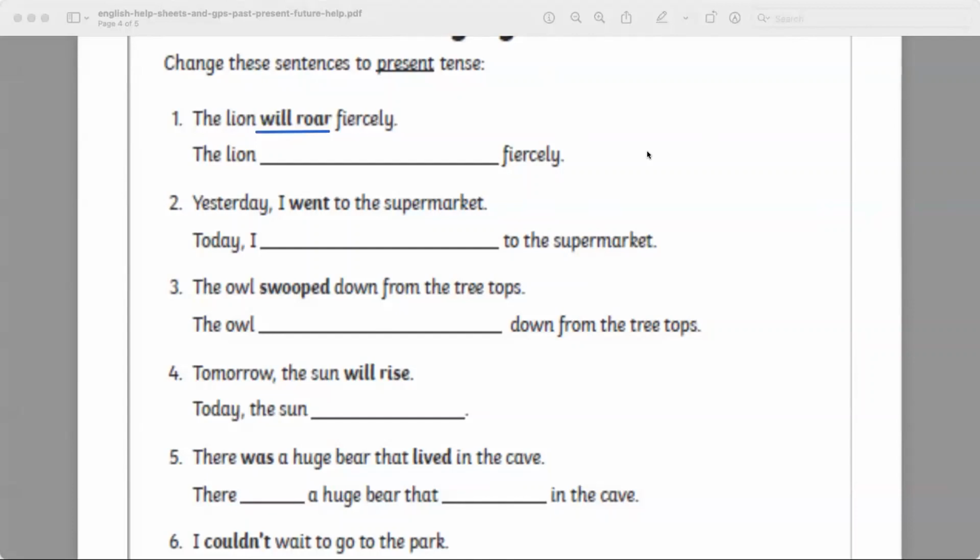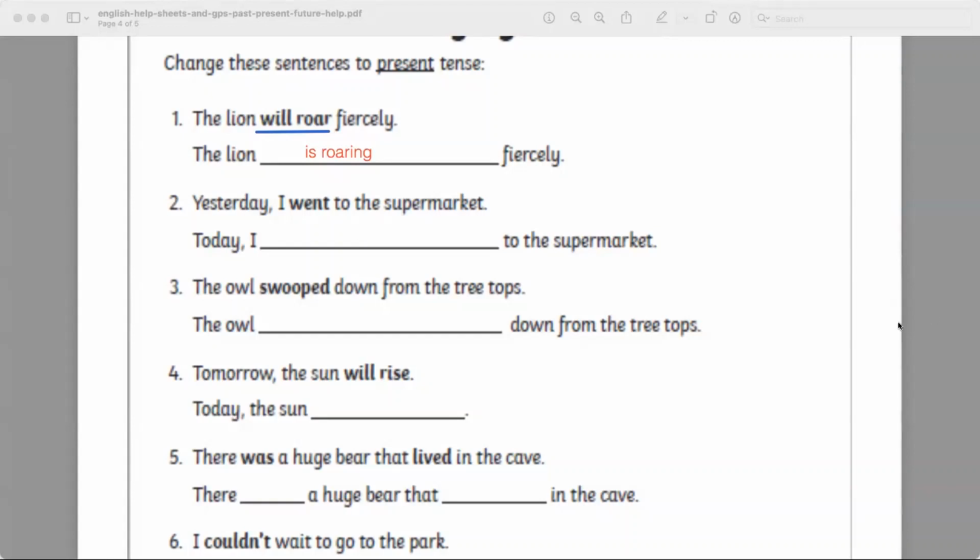The lion roars fiercely. So if it is happening right now, the lion is roaring fiercely. The is roaring tells you that it is happening right now. Is that clear for you?